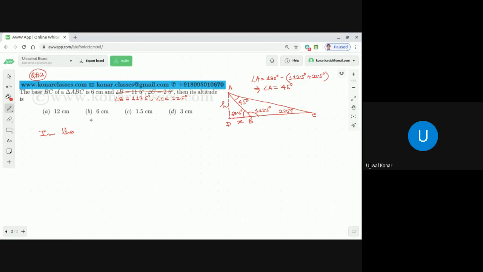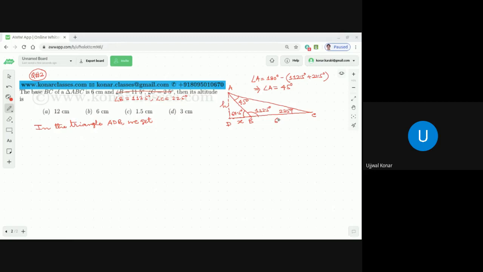Let me write properly, dear students. In the triangle ADB, we get, not tan, because we need to find the value of H. BC is given as 6 centimeters.